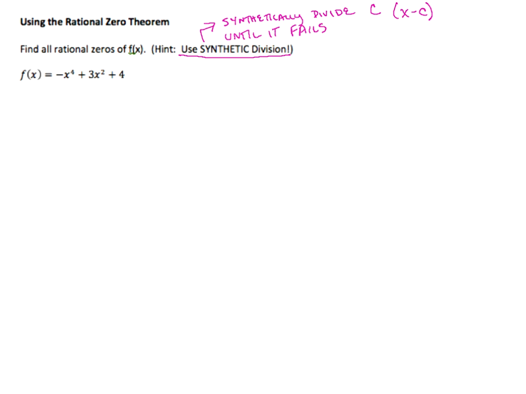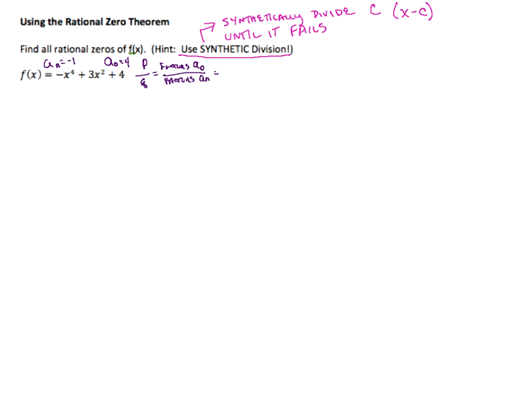The first thing we need to do is narrow down our playing field. We need to figure out what are the possibilities for P over Q. So just as a reminder, we have the factors of a sub 0 over the factors of a sub n. In this case, a sub 0 is 4, and a sub n is -1.